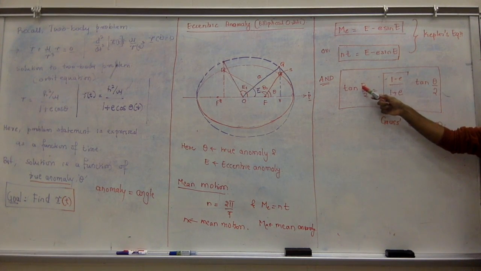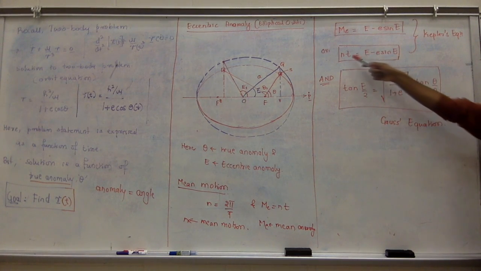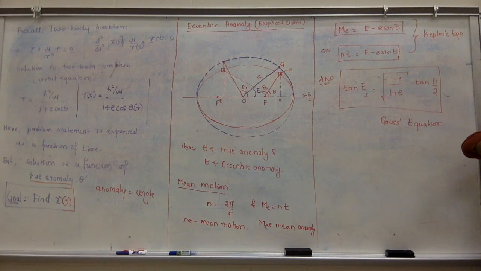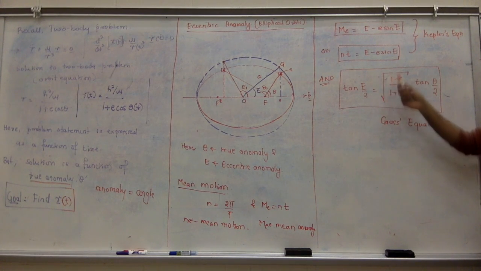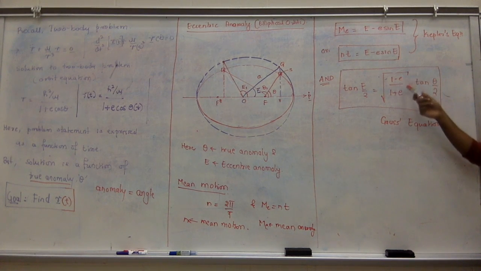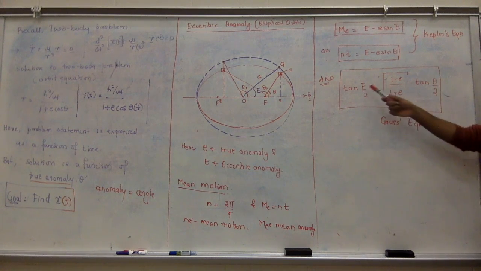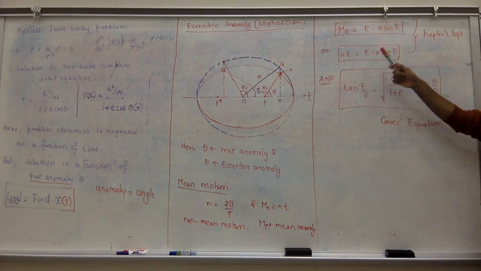You can calculate E. If you know theta, you know E, because eccentricity is known. Small e is known. If you know theta, you can calculate this eccentric anomaly. If you know the eccentric anomaly, you can calculate this time.